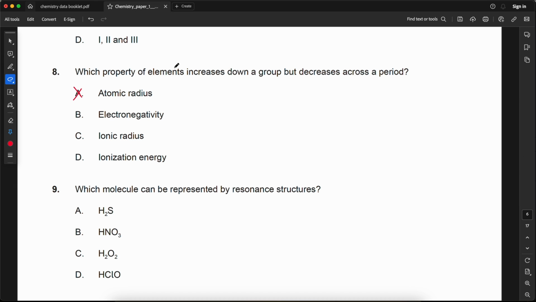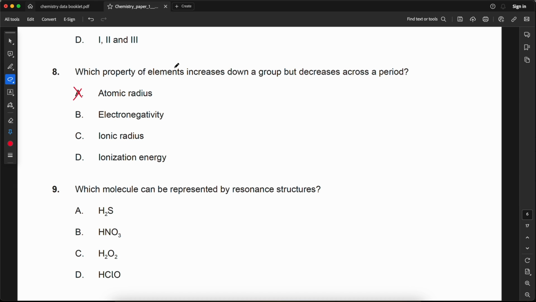And what about across a period? For the atomic radius, because the nuclear charge increases, the attraction force will increase, therefore it will squeeze, so the atomic radius will decrease.